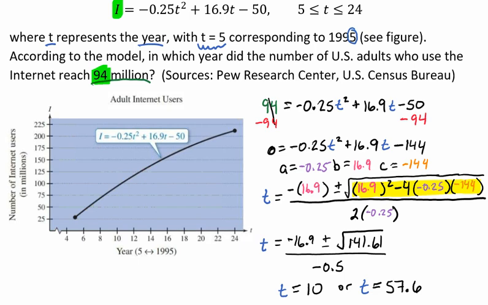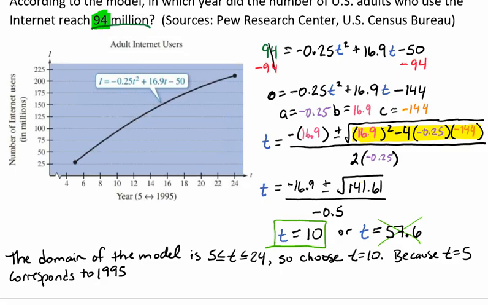Now the domain of our model was that t had to be between or equal to 5 and 24, right? So that means that we can't really use the 57.6. That doesn't fit in our domain. But t equals 10 does fit in our domain. So the domain of the model is 5 is less than or equal to t is less than or equal to 24, so we choose t equals 10.